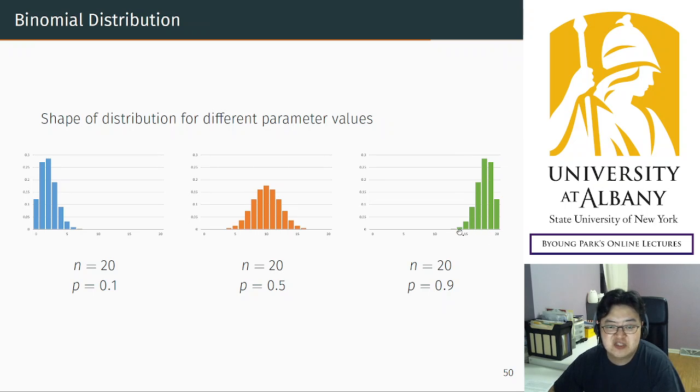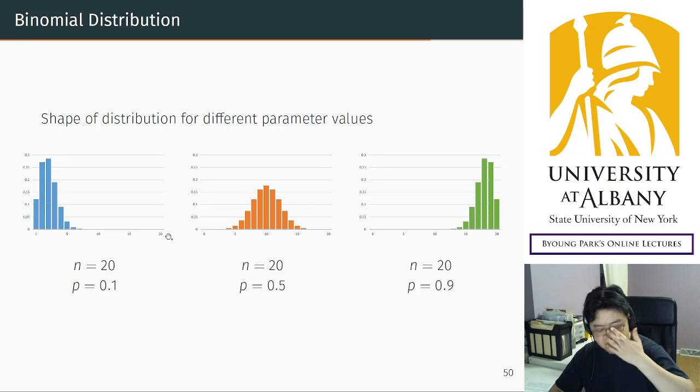And it will be extremely unlikely to see 10 or fewer heads because it's so likely to be heads. And if you change the probability to 10%, it's exactly the opposite, right? So it's more likely to see 1 or 2 heads out of 20 and unlikely to see more than 10.